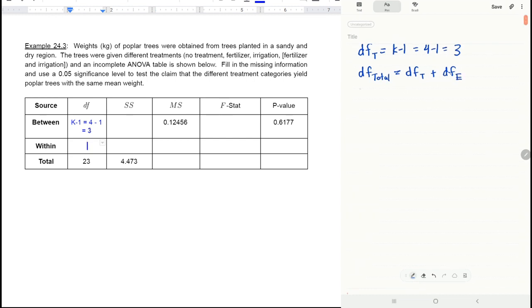So if we use some algebra here and solve for the error degrees of freedom, we take the difference between the total degrees of freedom and the treatment degrees of freedom. The total degrees of freedom is 23, and we calculated the treatment degrees of freedom to be 3. So this will give us 20 error degrees of freedom.